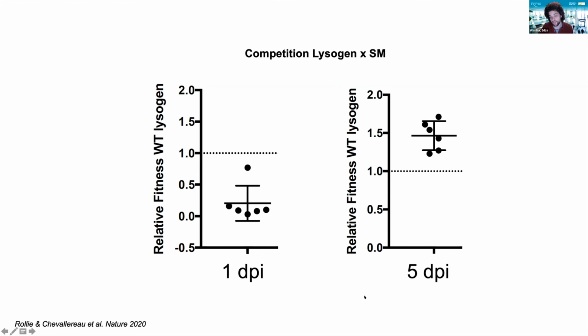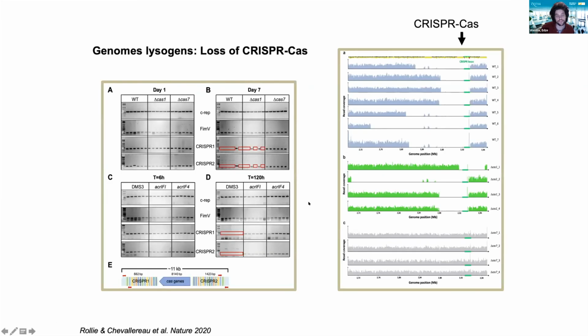However, after a few days, this completely disappears. After 5 days, the wild-type lysogens are fitter than the surface mutants. So somehow the negative effects of CRISPR-Cas have disappeared. It turns out that these bacteria have simply kicked out their CRISPR immune system. These are PCR results that all come out negative after 7 days.